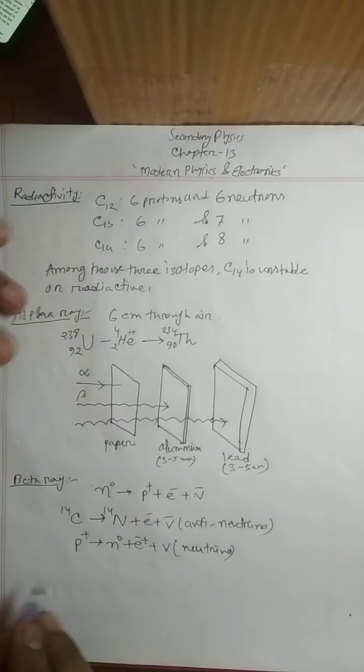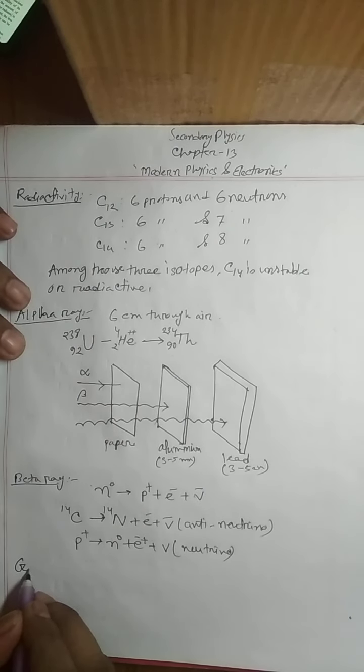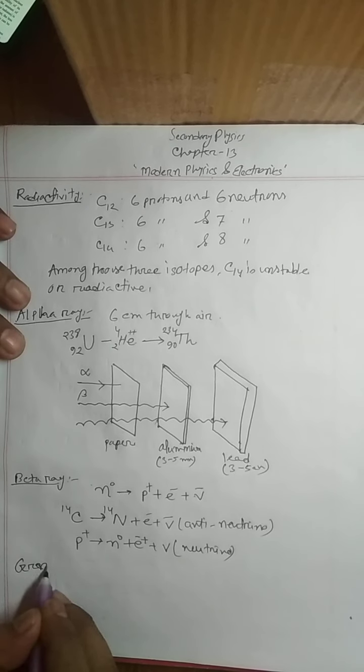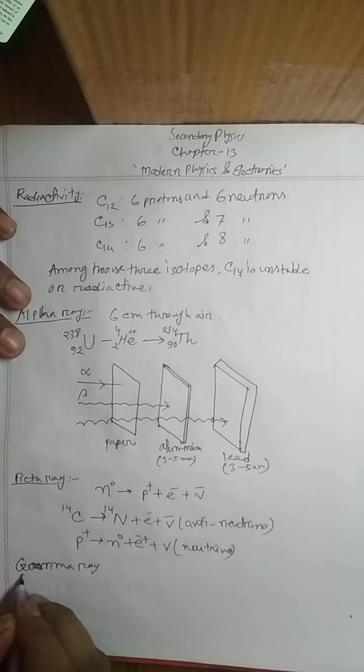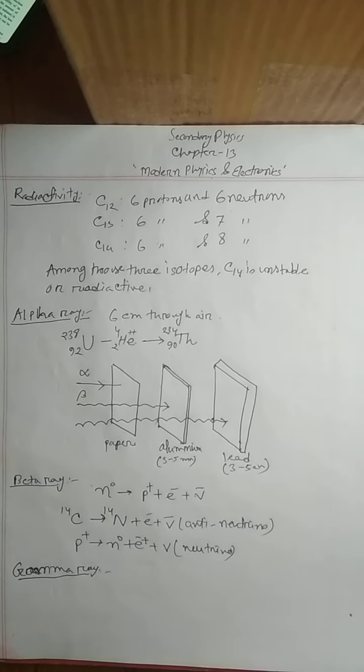Then gamma ray. A gamma ray is actually an electromagnetic wave. It has no charge, but as it is strong, its wavelength is very low and frequency is very high.